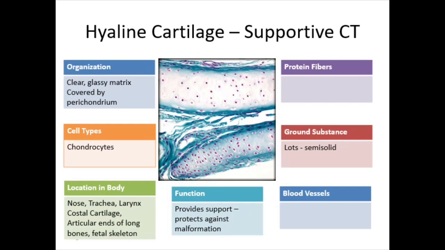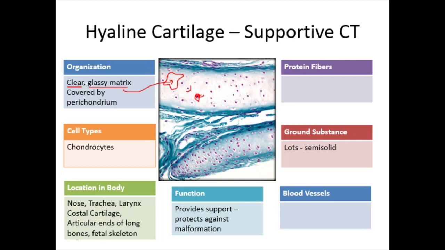The organization, so it says clear, glassy matrix. This can be different colors, but when you're looking in between the lacunae, so you can see the lacunae here. You can see the cells because you're seeing the nucleus stained right here. But you can make these outlines of the lacunae. In between the different lacunae, this is going to appear glassy.